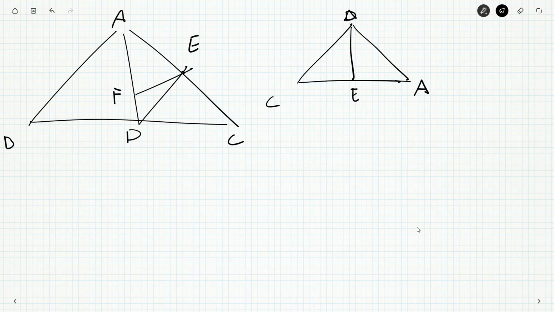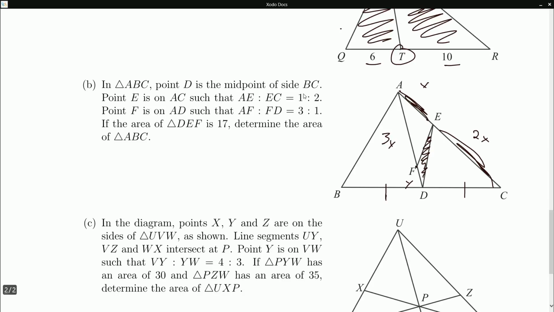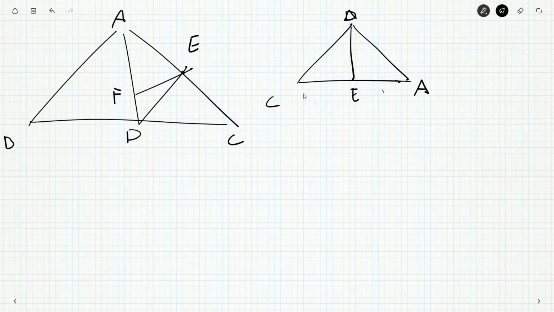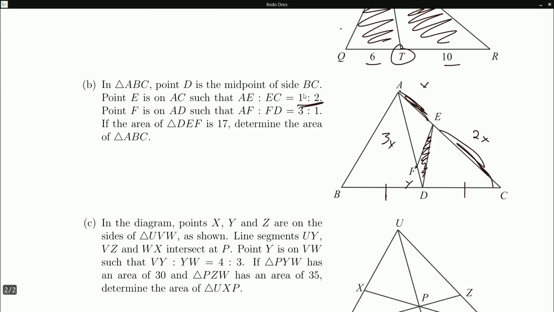And this is in the ratio of, what was it, 2 to 1? I feel like it was 2 to 1. 1 to 2. So AE is the shorter one.